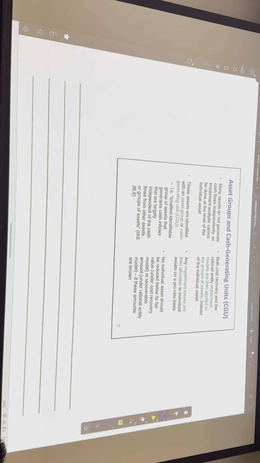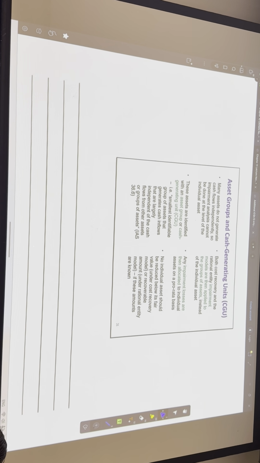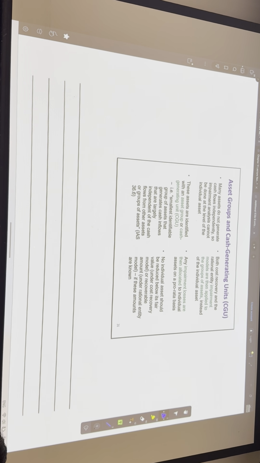Let's say there are 3 groups that generate the cash flow, and we did this test, and we have $1 million of write down. Then we're going to prorate it. We're going to allocate that 1 million against the 3 different assets.